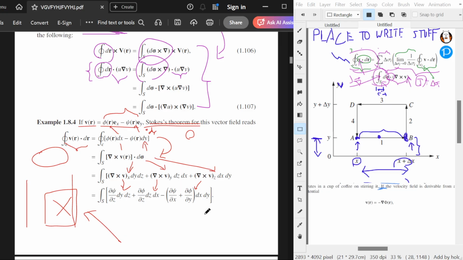So del del y, x component del y. What's the z component? There is no z component. So this guy just disappears.